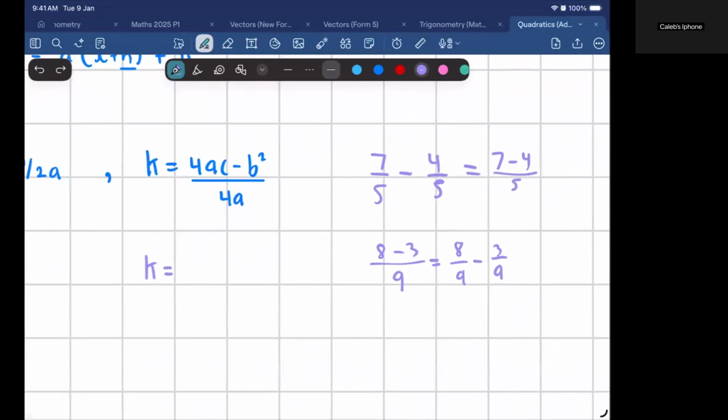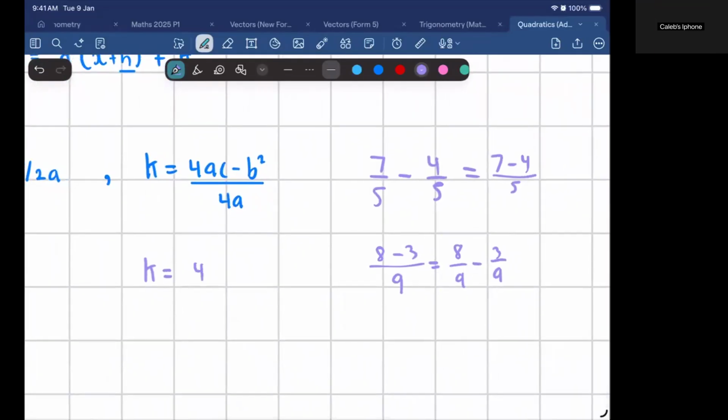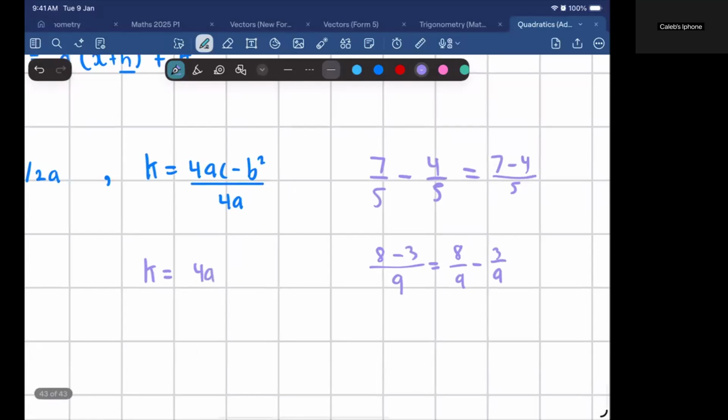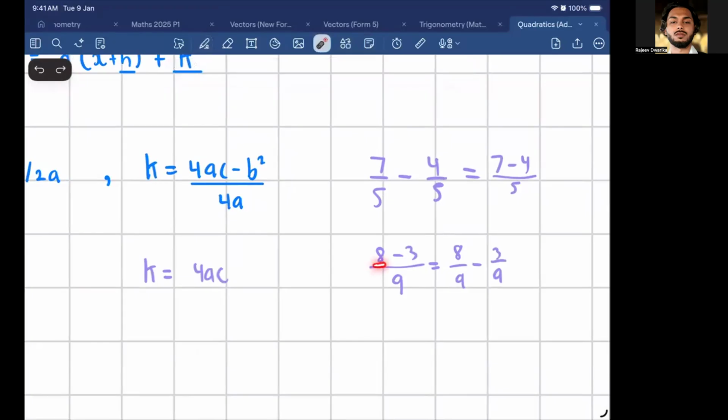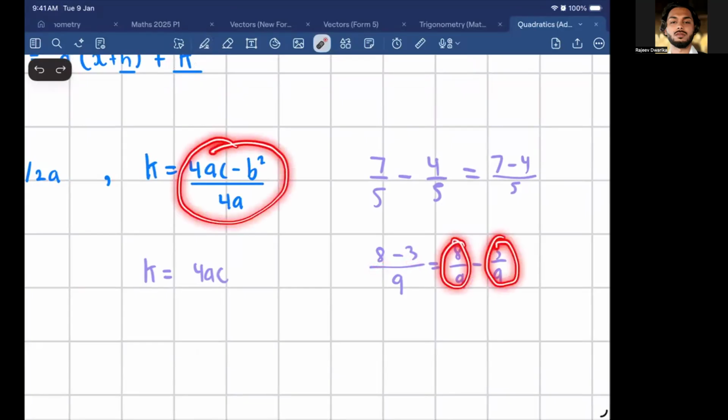You've got to split it up into two fractions. So watch. If you have 8 minus 3 over 9, I could split that up into 8 over 9 minus 3 over 9. So I want you to apply that same concept over here.